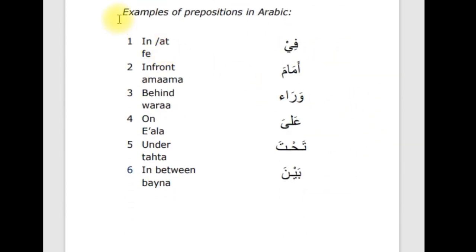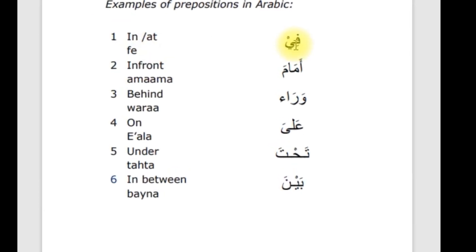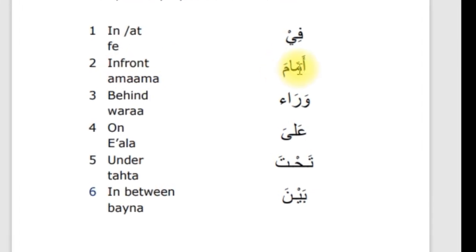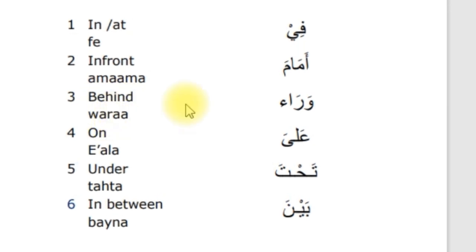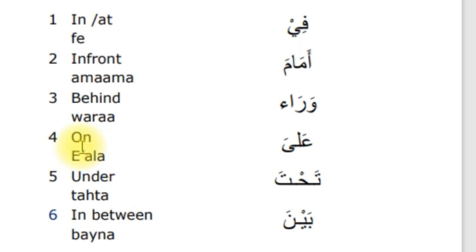Examples of prepositions in Arabic. In, at, في. In front, أمام. Behind, وراء. On, على. Under, تحت. In between, بين.